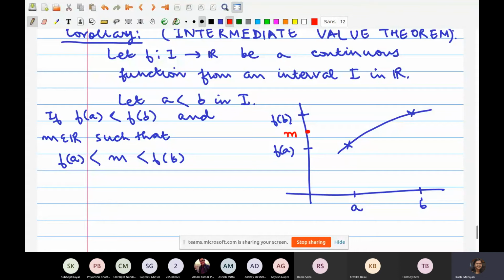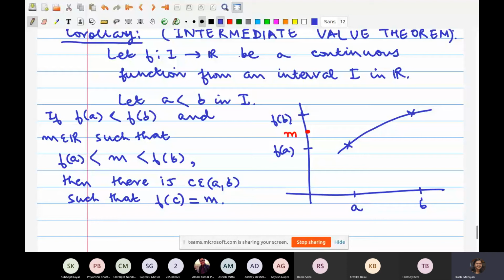Then this m is going to be assumed by f, which means that there is a point c in the open interval (a, b) such that m is assumed at the point c by f. That is, f(c) = m. So m corresponds to some point on the picture here.